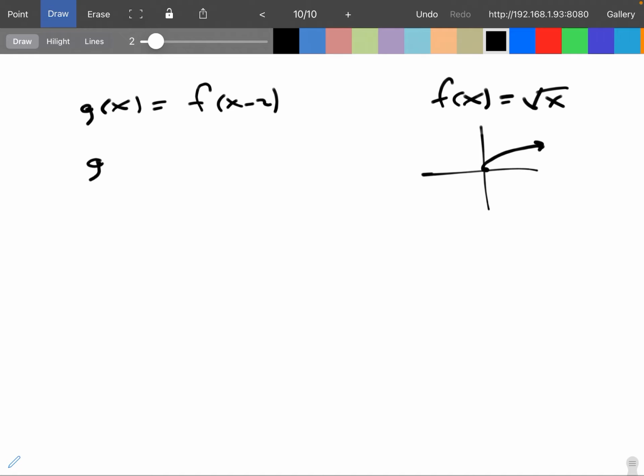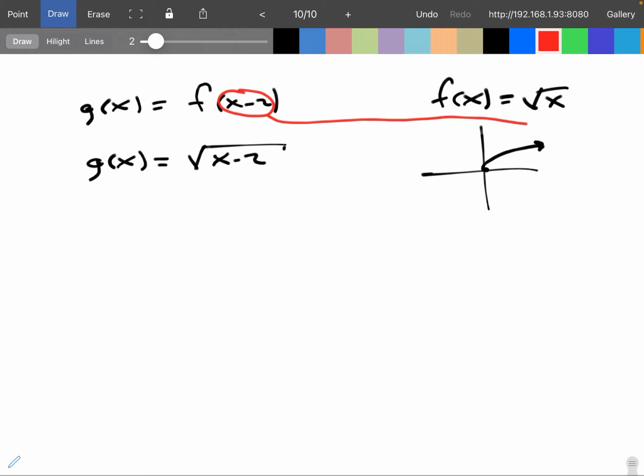Using the function f that we have written over here, f of x equals the square root of x, g of x would be the square root of the quantity x minus 2. That x minus 2 in parentheses is what you plug in. You take it and put it in right there for x.